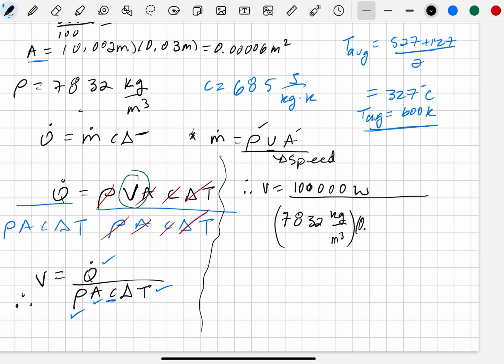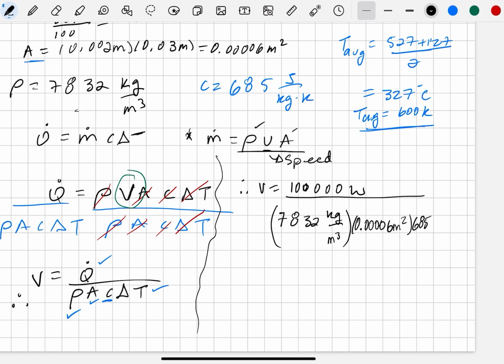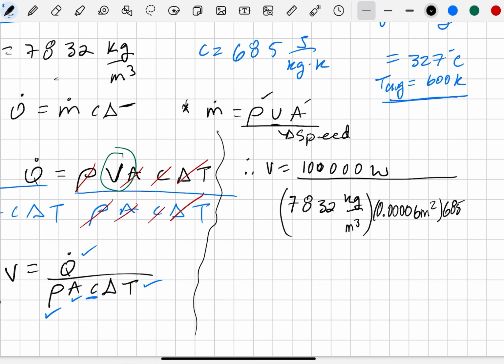Area 0.12346 meters square. Specific heat is what we just found, which is 685 joules per kilogram kelvin, and my change in temperature we said was 400 kelvins.